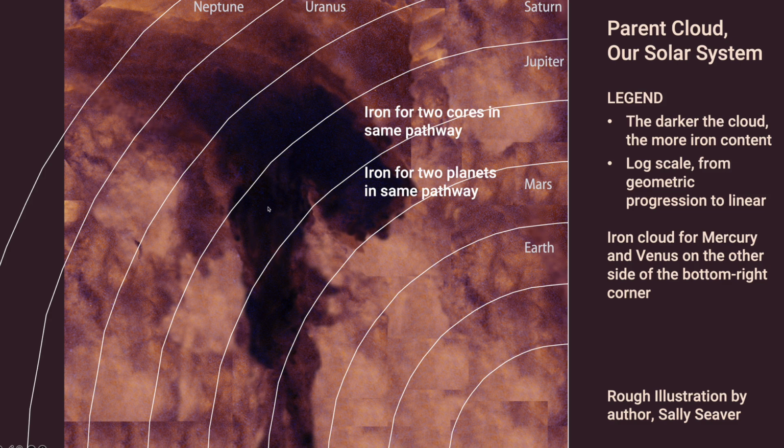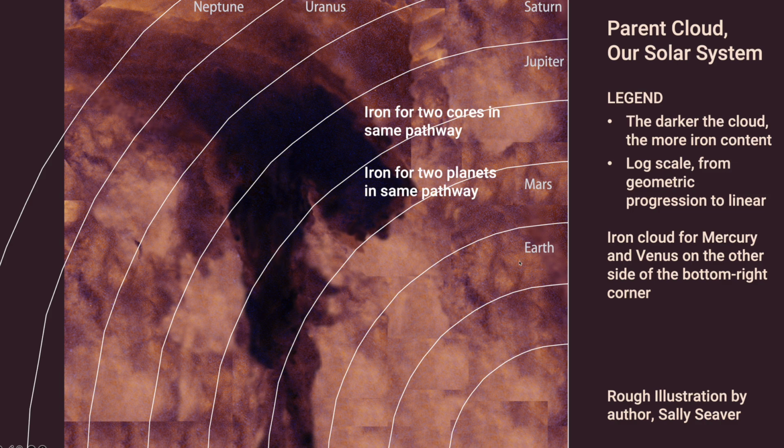And you can see where there is iron close together in one path from the geometric spiral that is made when the vortex gets started.